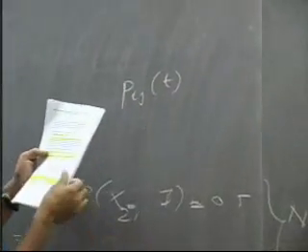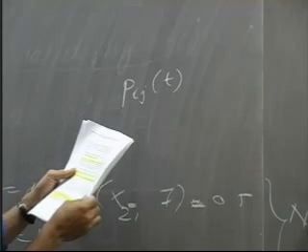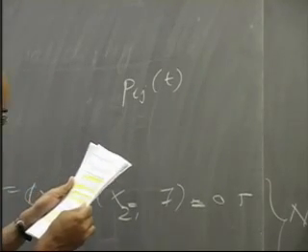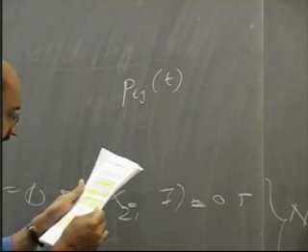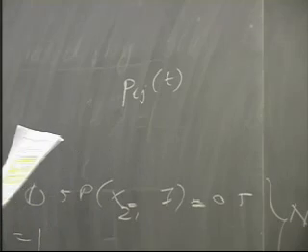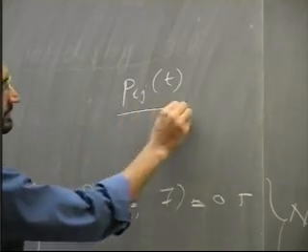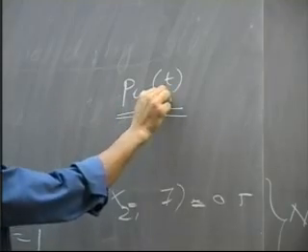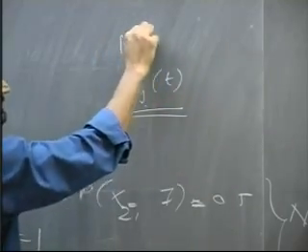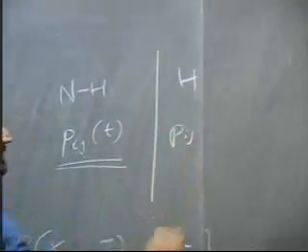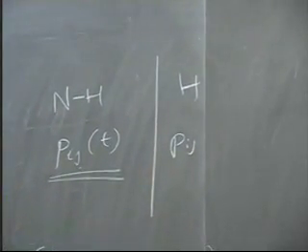Let me make sure I use the right terminology here. Anyway, this is the transition probability of going from state i to state j at time t, and this is non-homogeneous. In a homogeneous case, we simply have Pij. In other words, we don't care about time.